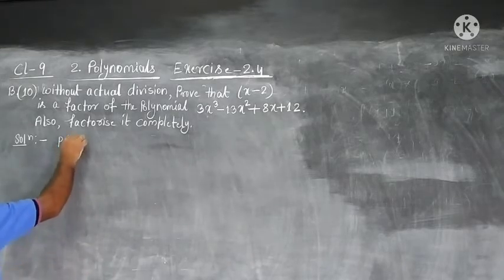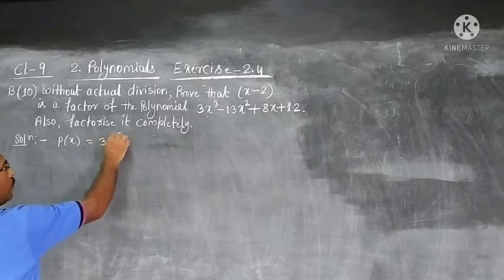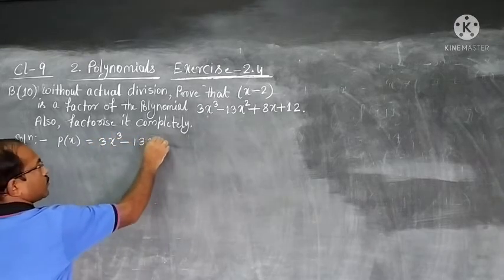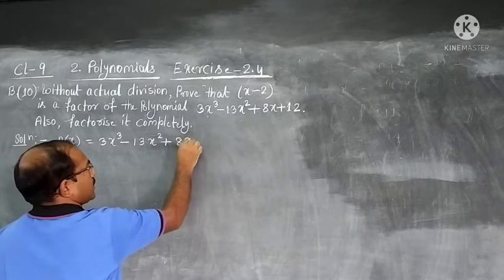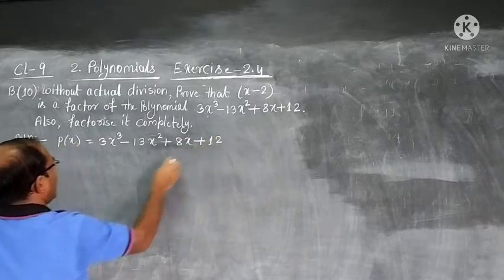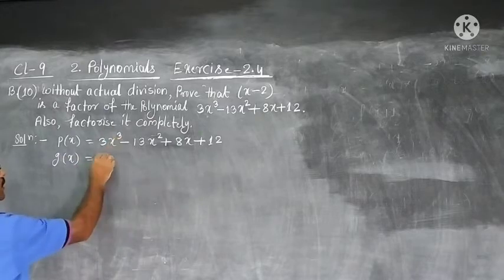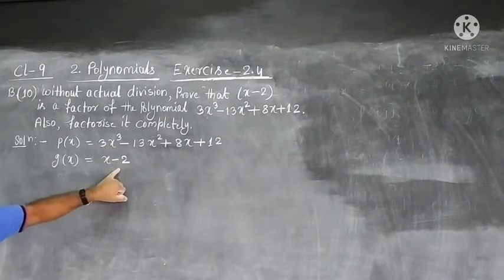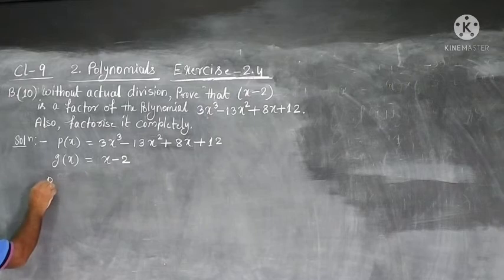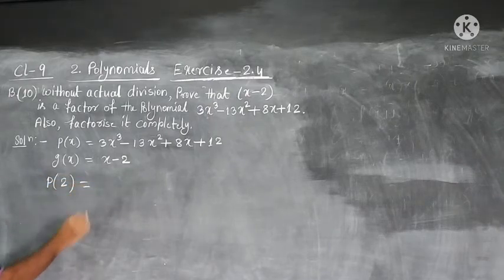Px is given, 3x cube minus 13x square plus 8x plus 12, and the divisor is, what is that divisor? x minus 2. So, we will use this factor as 0 in the polynomial, P2.